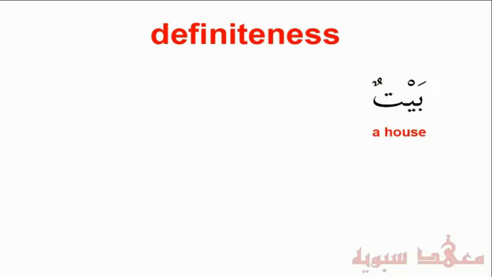Now to make something definite, what we do is we add an alif and lam in front of the word, as you can see there, and we take one of the dhammas away. So instead of the tanween, we have a single dhamma.